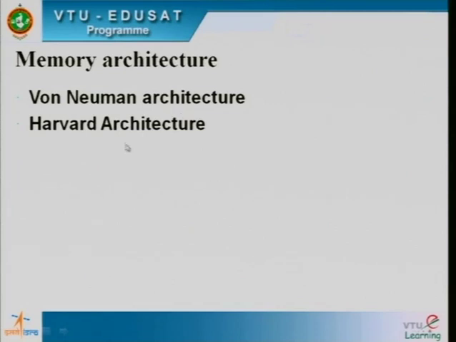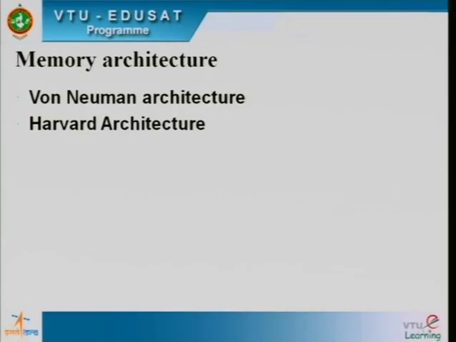Now since I have the memory classified as von Neumann architecture or Harvard architecture, the difference between these two is only how the instruction and the data are fed from the memory. That is what matters here.